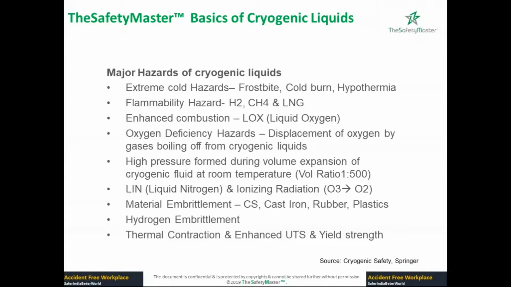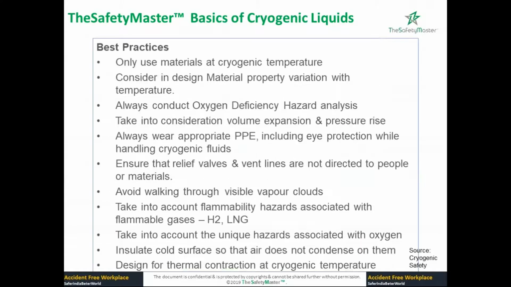We will look into each of these, and how we tackle them, later on in the webinar. What are the best practices when dealing with these cryogenic liquids? Because still I'm in the basics. The first is to use only materials suited to cryogenic temperatures.